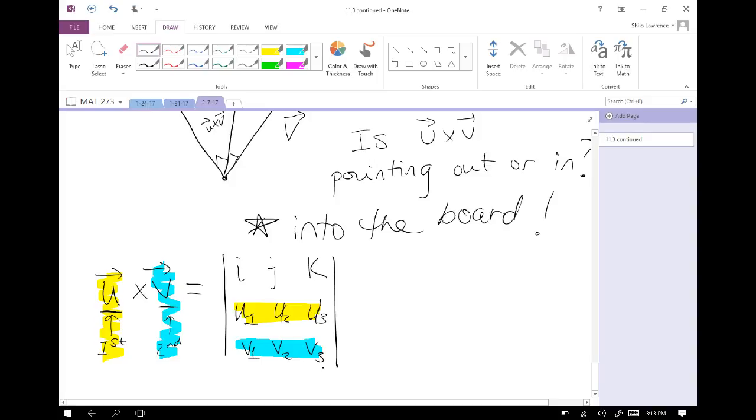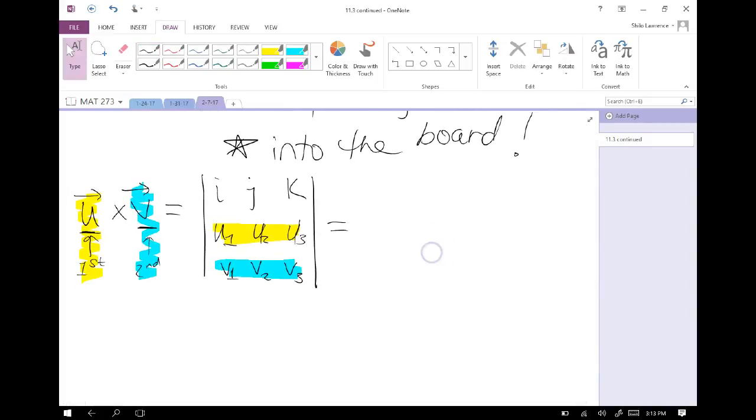So I've got IJK, the components for U, the components for V. And we need to figure out what the determinant of this matrix is, and we can't do it in our calculator because they're not all numbers. The IJK are like variables. So what we're going to do is called cofactor expansion, and we're going to turn this 3x3 matrix into 3 2x2 matrices.